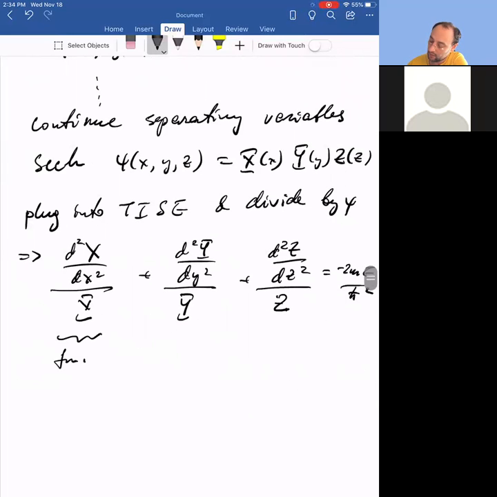this is a function of x, this is a function of y. It's stuff that only depends on y. And this is a function of z. It's stuff that only depends on z. And so by now, you will probably agree with me that the only way that you can add a function of x and a function of y and a function of z and get a constant is if each one is a constant.